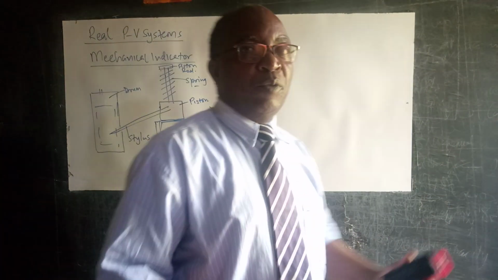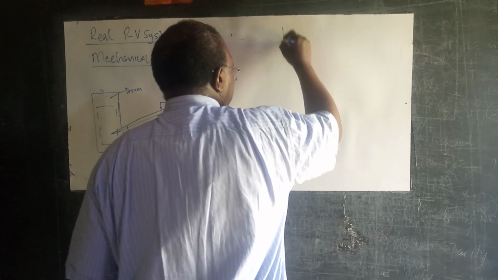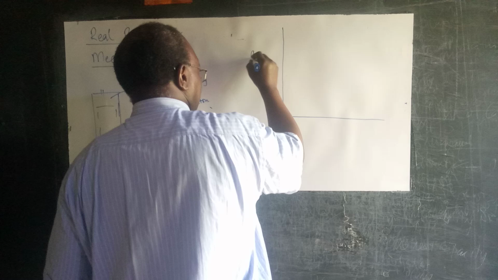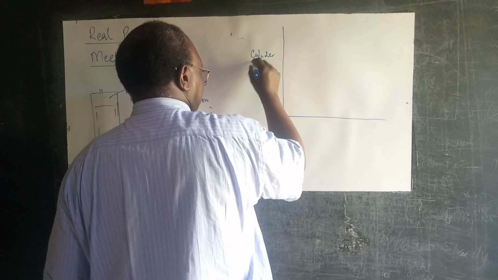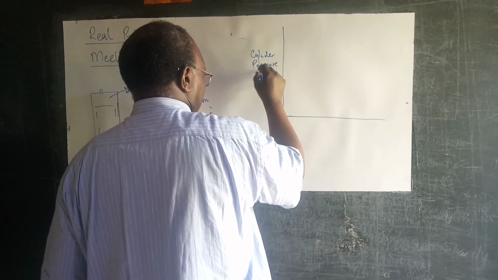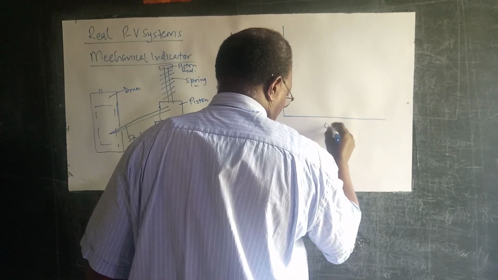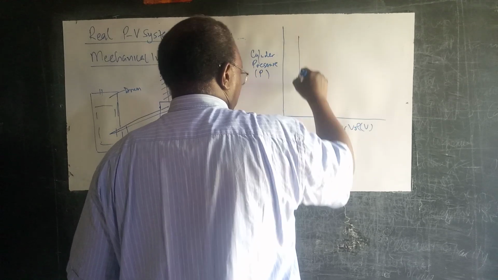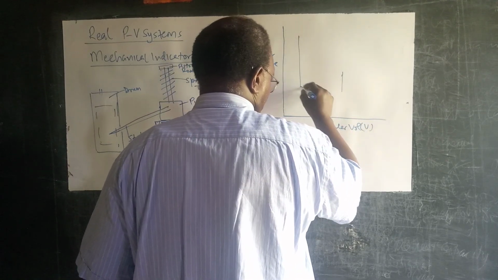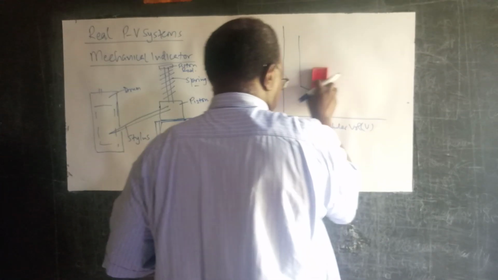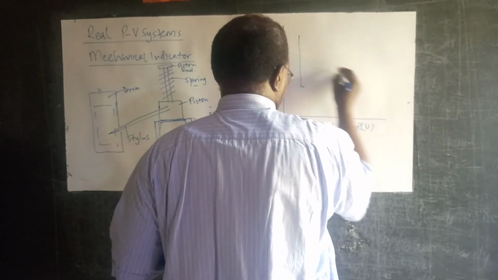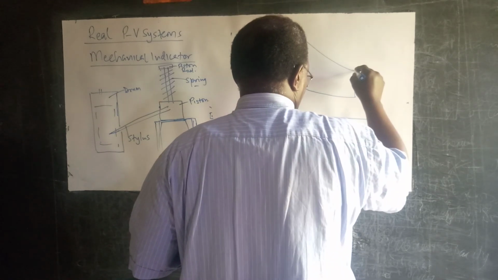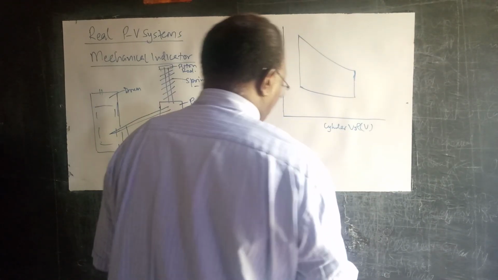What is the picture which we get? If we have our unit, with pressure and volume, cylinder pressure and cylinder volume, let's have our system here. Let's say that's our chart.